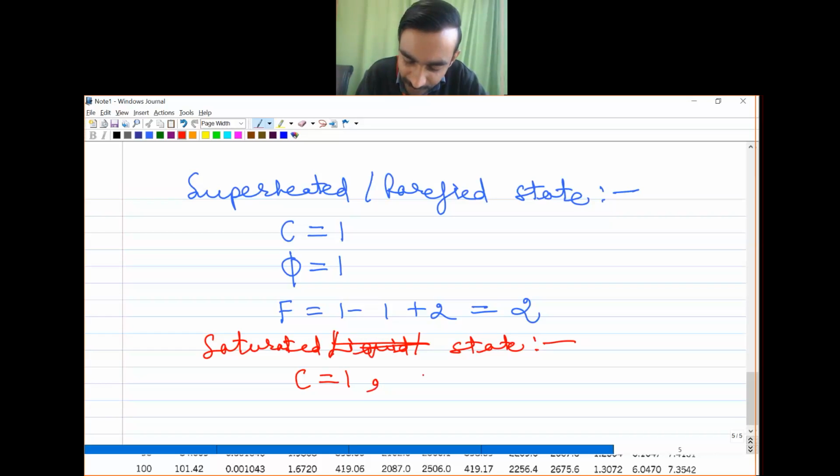And phi represents the number of phases. Now in the saturated state, our substance can exist either in liquid phase, or in vapor phase, or it may have a mixture of liquid and vapor also. So for the saturated state, our component can exist in multiple phases.